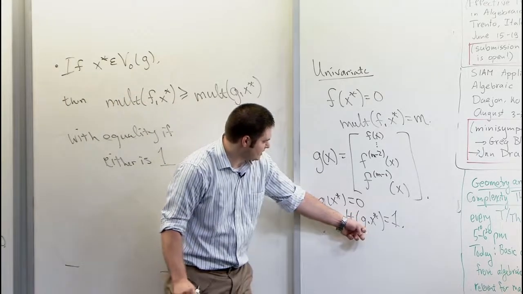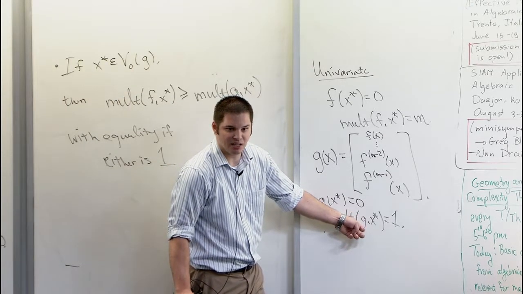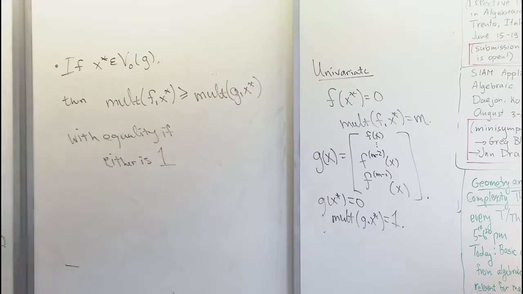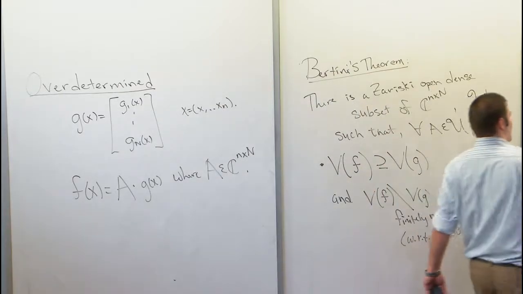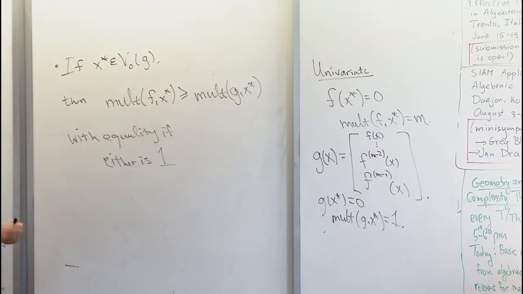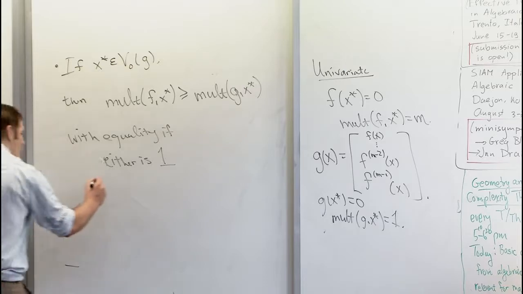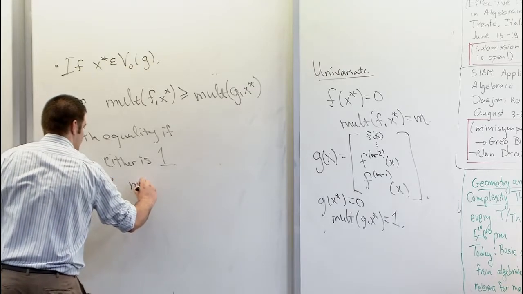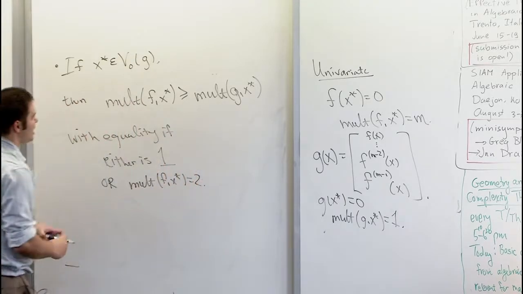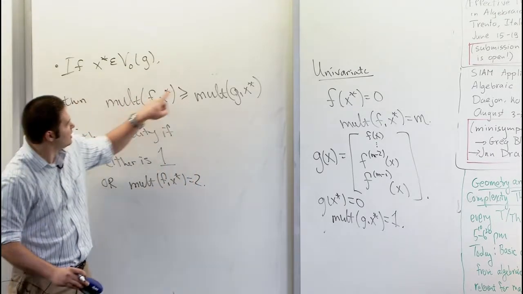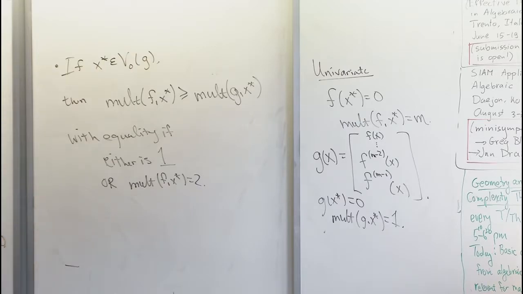So if the multiplicity of my overdetermined system is 1, then the multiplicity of my randomized system will also be 1. Or the multiplicity of f at x star is equal to 2. If this multiplicity is 2, this one also has to be 2.